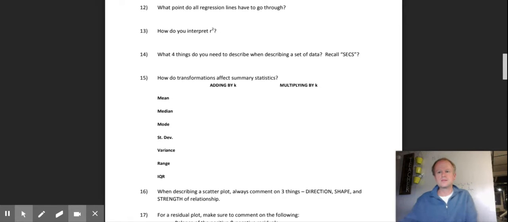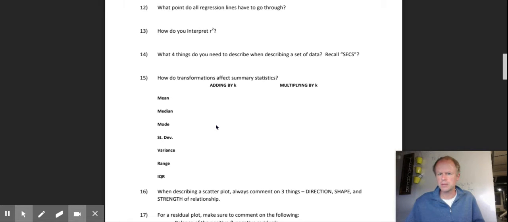The spread of the distribution will stay the same, because essentially I've taken that distribution and I've shifted it one way or the other. I've just picked it up. I haven't stretched it out. I'm just picking it up and moving it. So those measures of center will shift by whatever you add. You can think of the same as subtracting as well. And then the spread won't change.